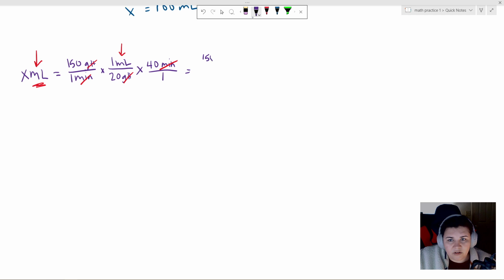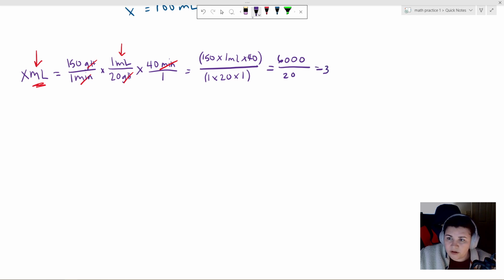It's going to be 150 times 1 mL times 40, because we crossed out all those units, right? And then on the bottom, we have 1 times 20 times 1. So when you multiply all this out, you get 6,000 over 20, which ends up giving you 300.